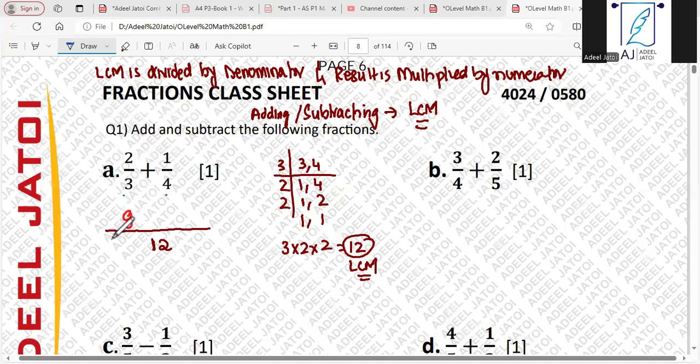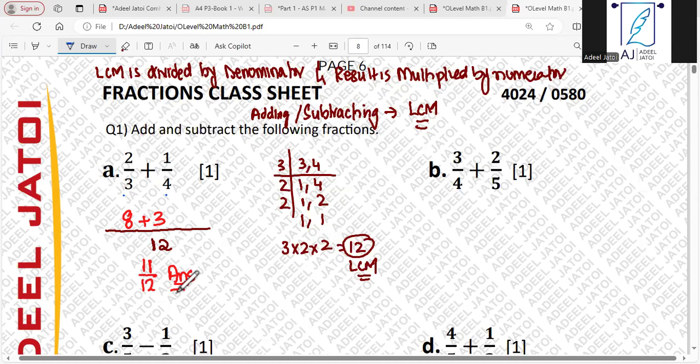Then again, we have 12 divided by 4, the LCM divided by the denominator. 12 divided by 4 is 3, and 3 multiplied by the numerator is 3 ones are 3. So we have 8 plus 3, which is 11 upon 12. This will be your answer for the first part.